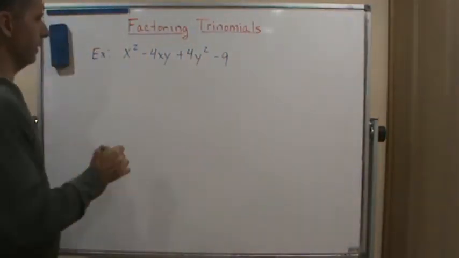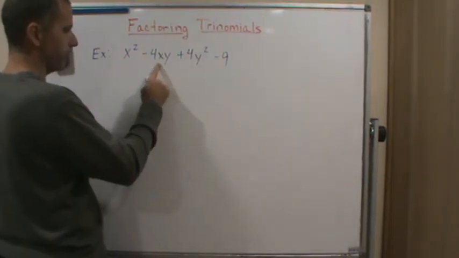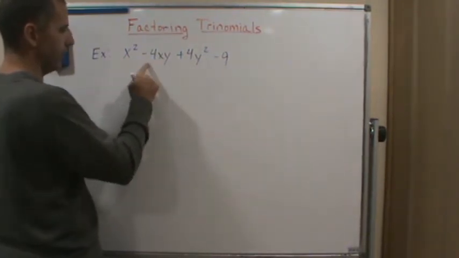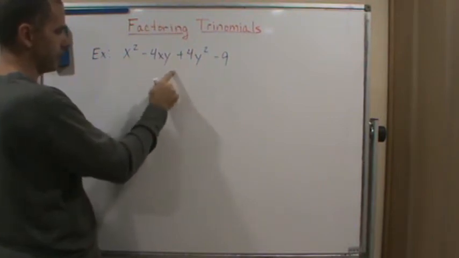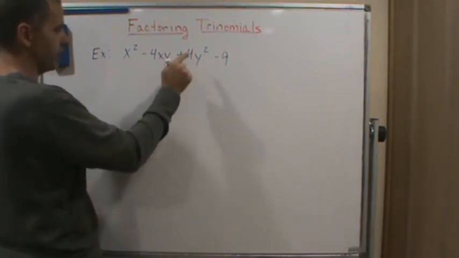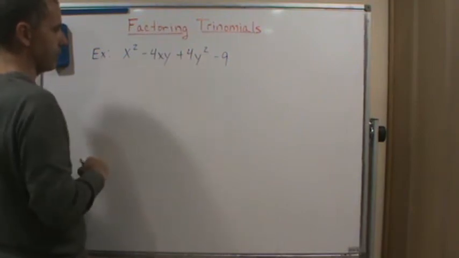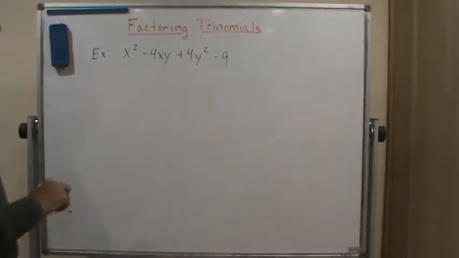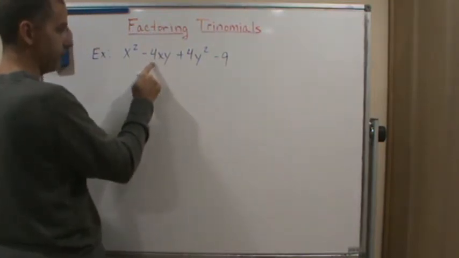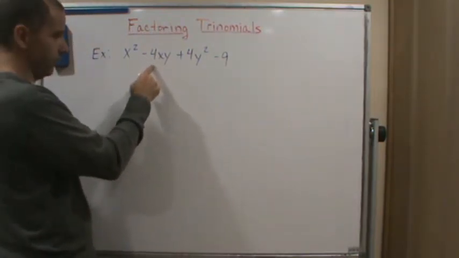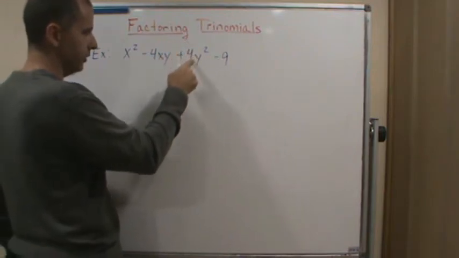Well, look at this. If you take half of this and square it, you get this coefficient here. So if you take half of -4, you get 2. And if you square it, you get 4.